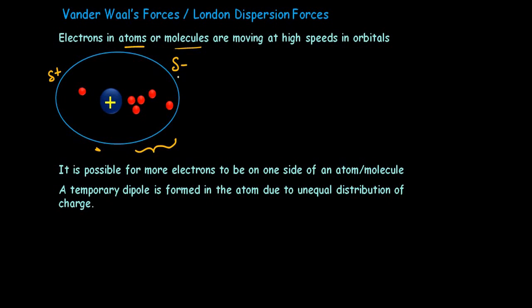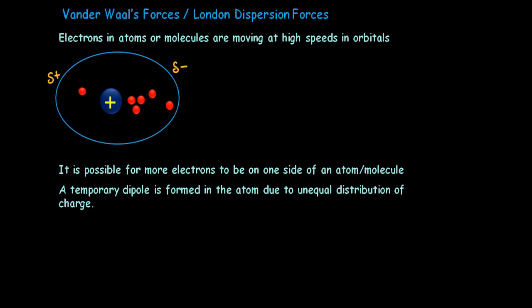Now we need to understand that this dipole is just temporary, because the next moment these electrons are again going to move around in their own path, that is they are going to disperse, they are not going to stay back in this position. So such a partial charge or unequal distribution of charge is just temporary.